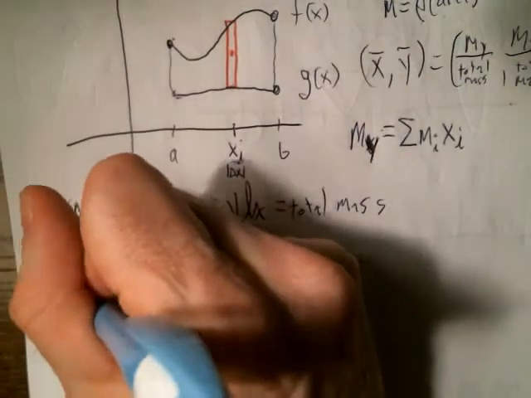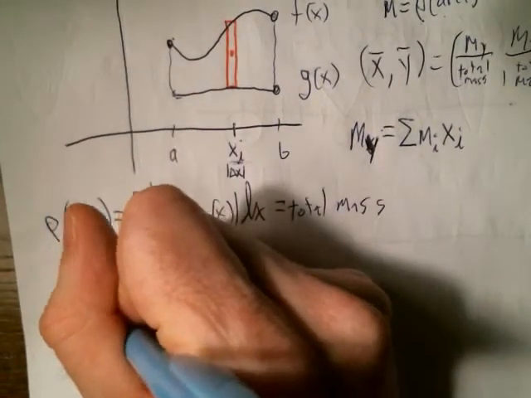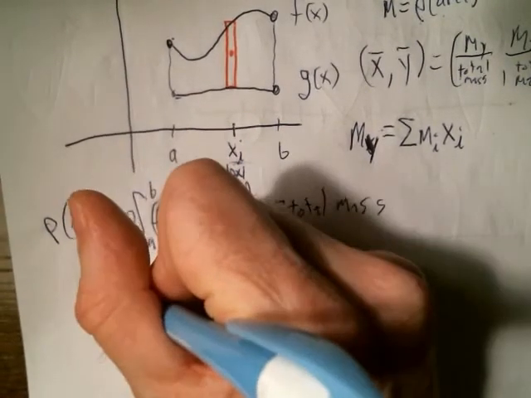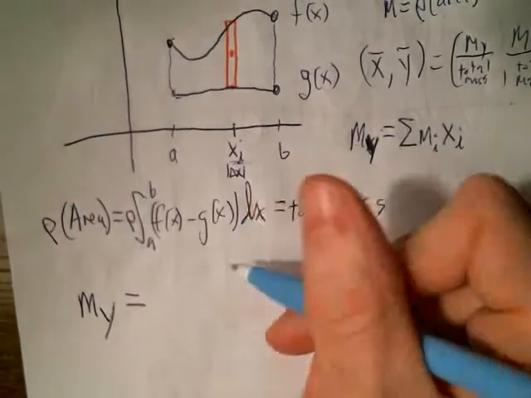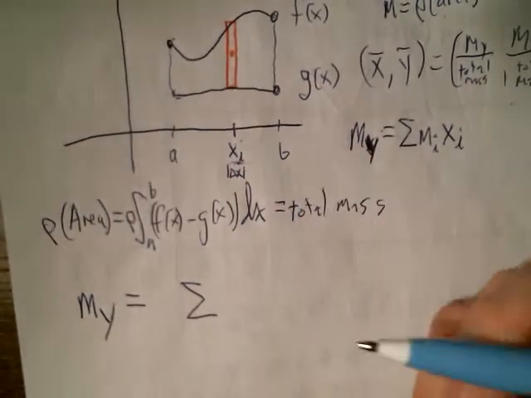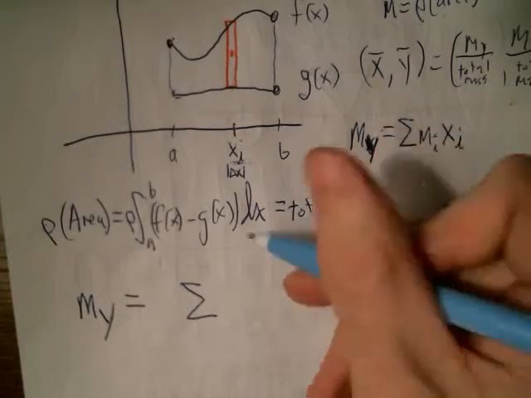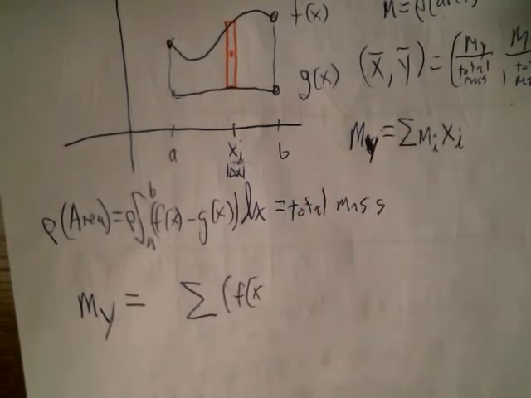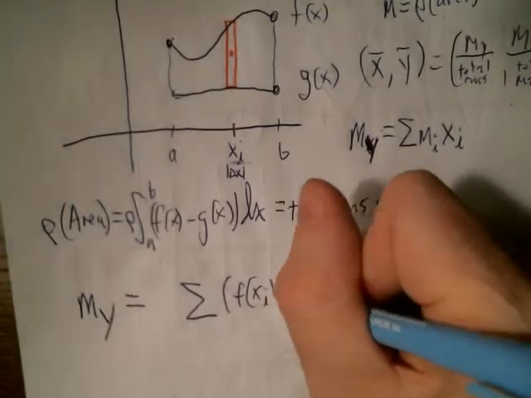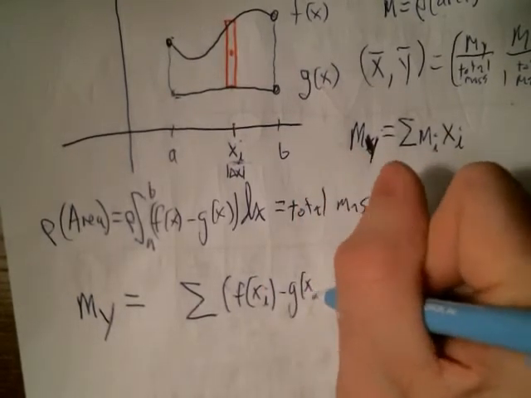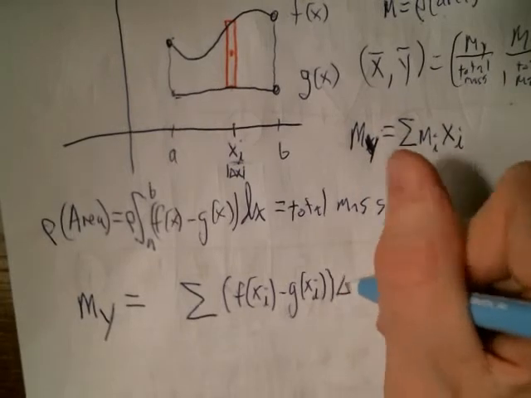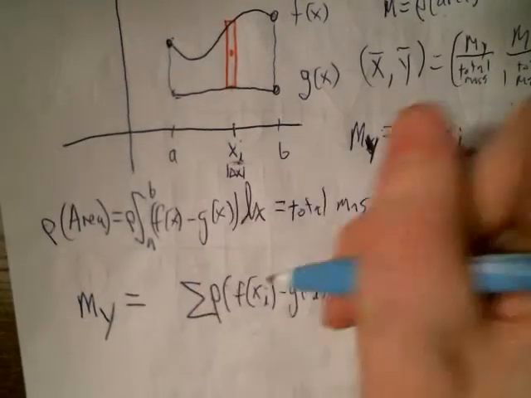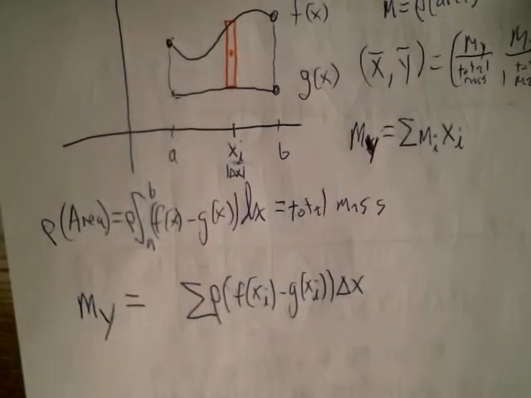So for m sub y, we are adding up all of these little area increments, these f of x sub i minus g of x sub i times change in x, and then multiplying it by the density.